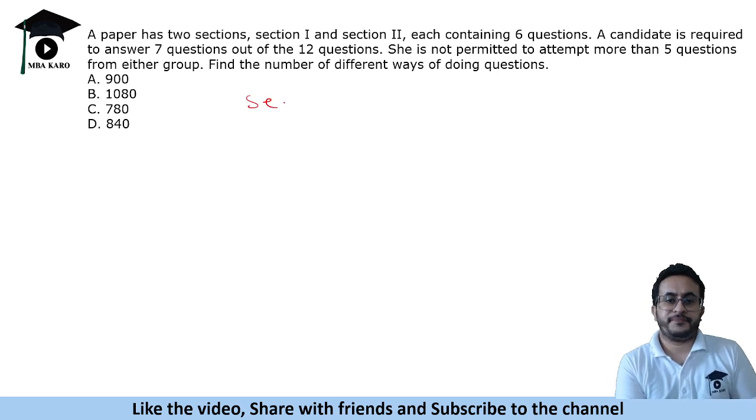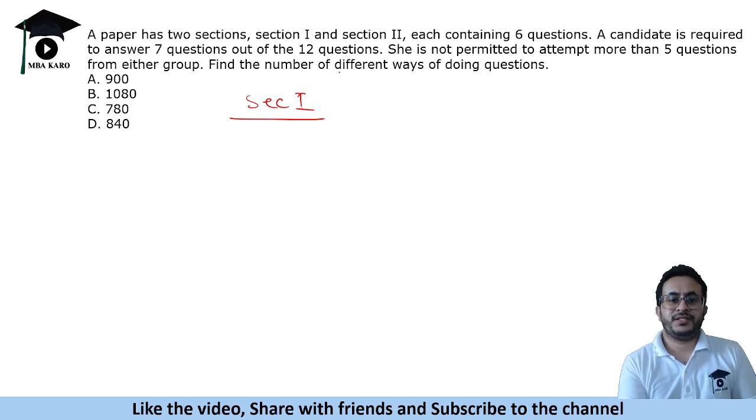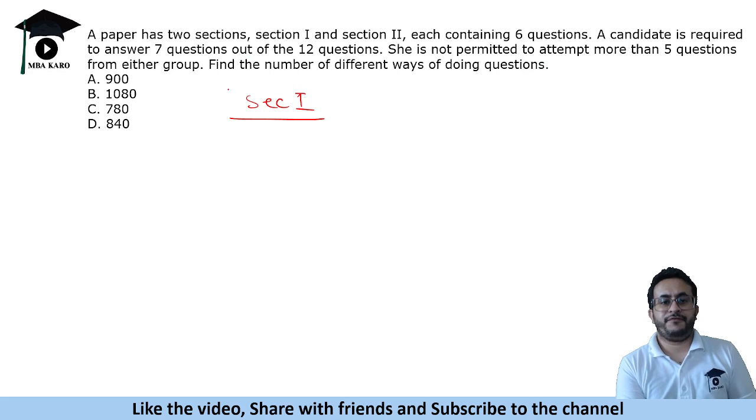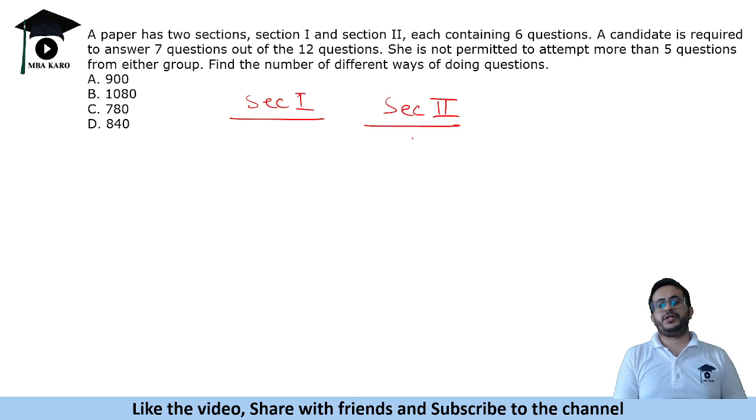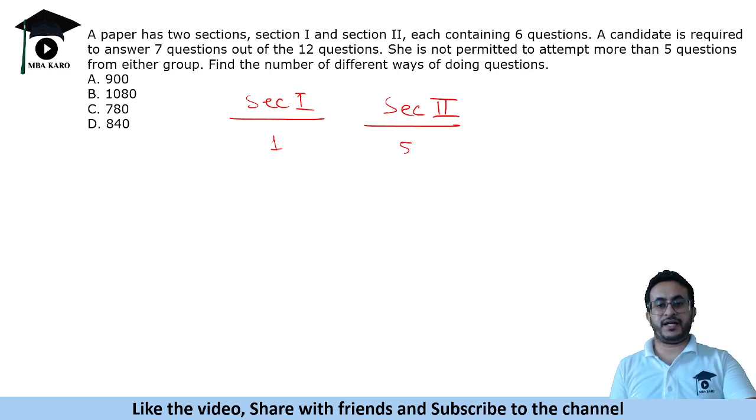So in section 1 there are 6 questions, and it should be not more than 5 questions from either group. Okay, so section 1, a person can attempt, so total it has to be 7 questions.